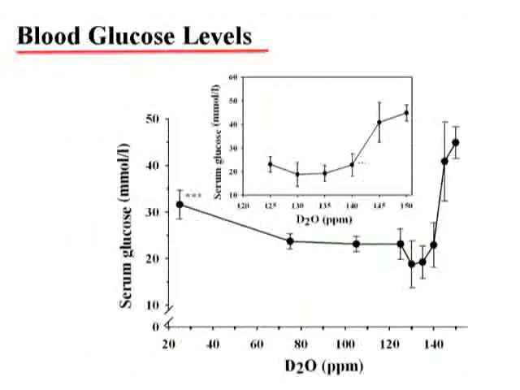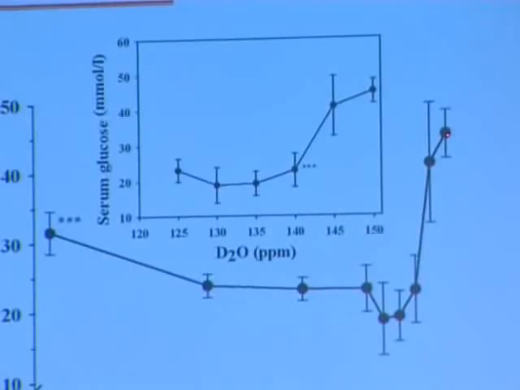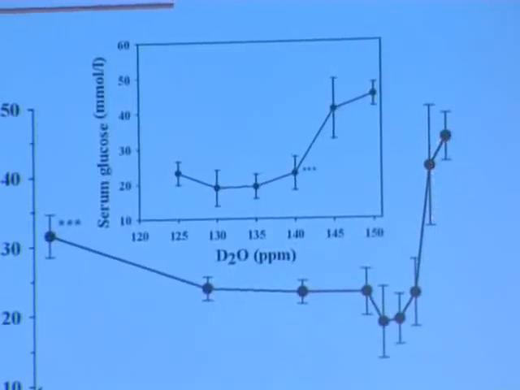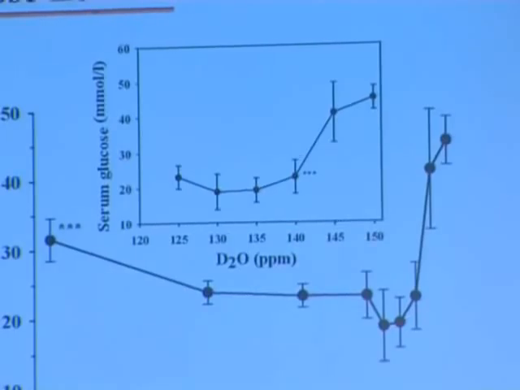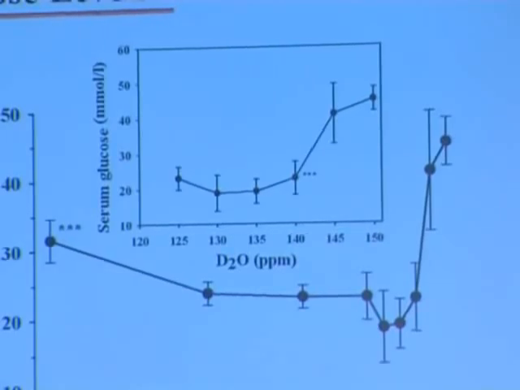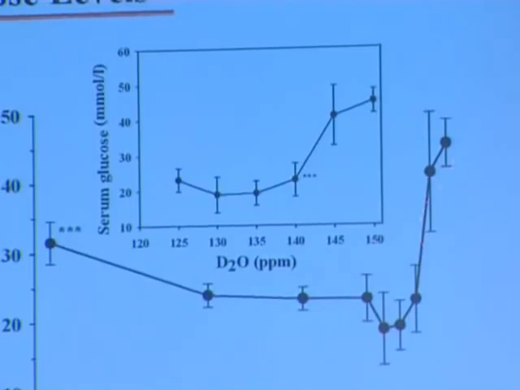Now let's see how the blood glucose level changed when we changed the deuterium content of the drinking water. As you see here, this is the ppm, increasing toward tap water. When we started to withdraw the deuterium, the glucose level changed, even though every animal received the same amount of insulin but a different dose of deuterium.